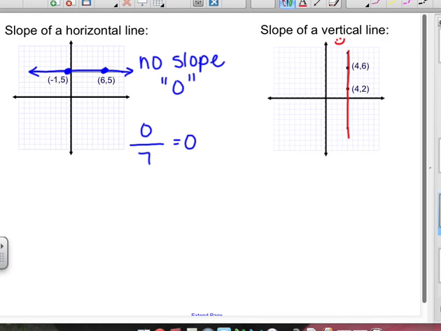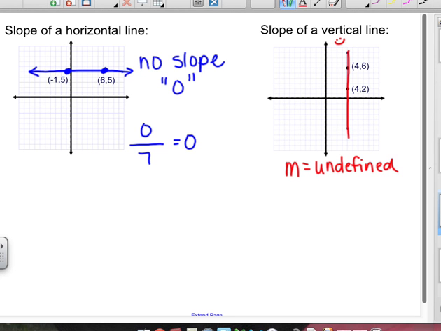Vertical lines, which that red line is, have so much slope. It's so steep that we say the slope is undefined. It's so steep we can't even measure it.